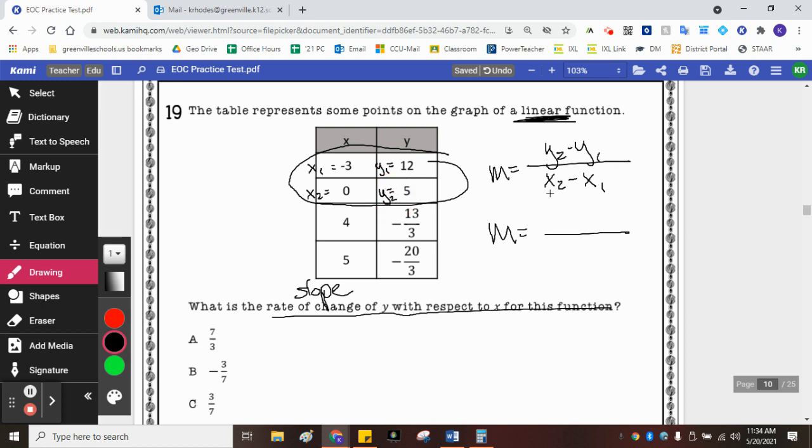So y2 is 5 minus y1 is 12. x2 is 0 minus x1 is negative 3, so plus 3. The bottom's 3. 5 minus 12 is negative 7.